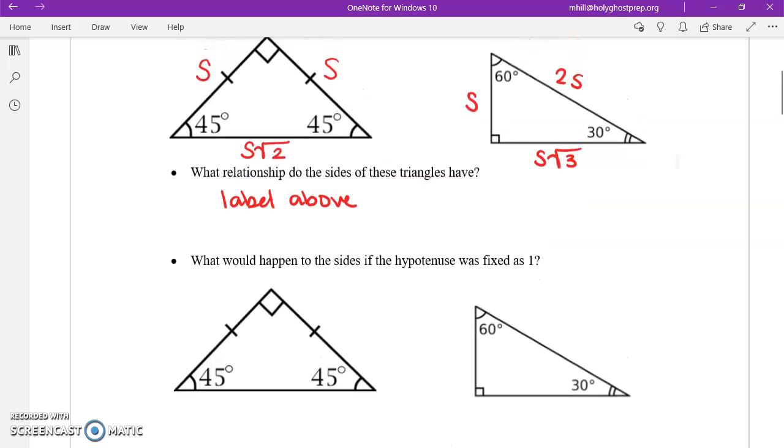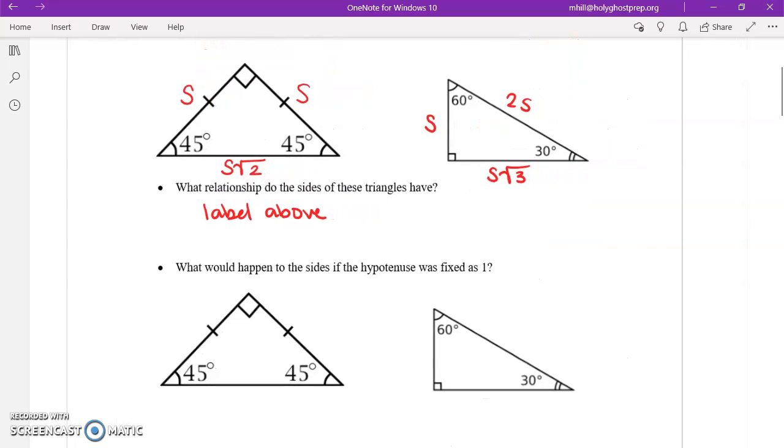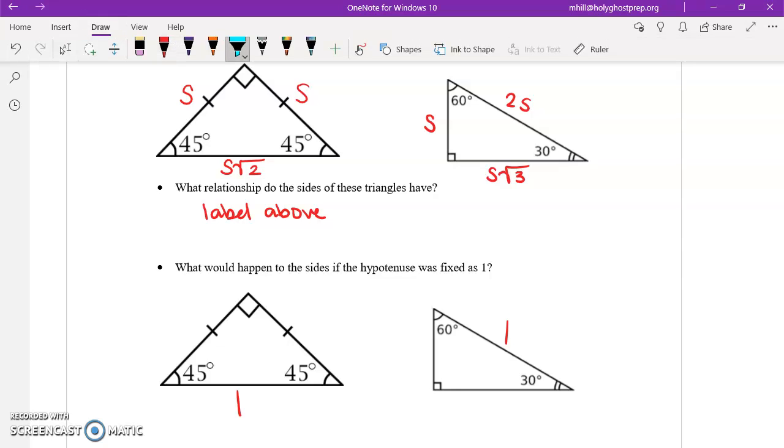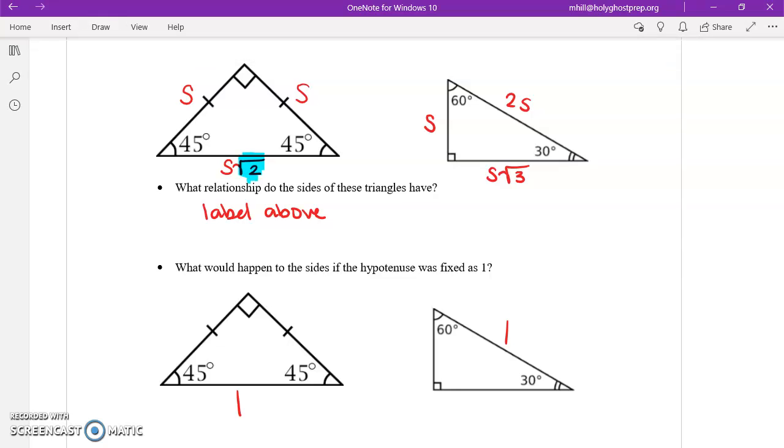All right, so looking at those relationships, if we made the hypotenuse of each triangle 1, how would that change the side lengths, the legs? So if I made s root 2 be 1, in order to get from the hypotenuse back to the side, we would have to divide by the square root of 2, this guy right here.